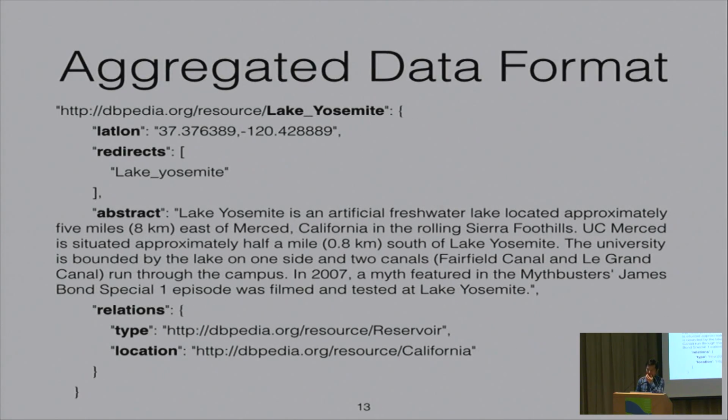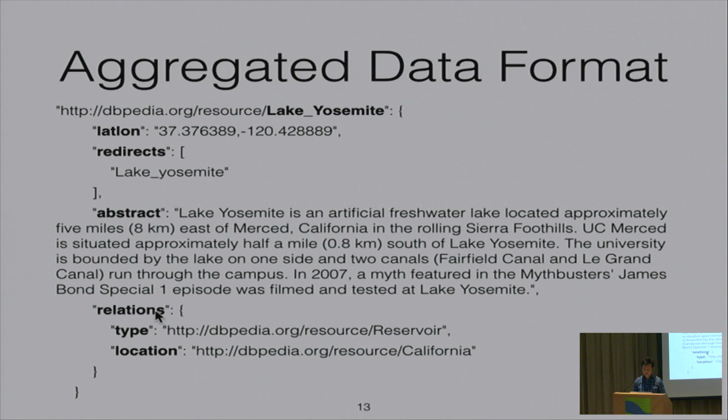The aggregated data format is a very simple JSON format. This entity is Yosemite, and we have latitude, longitude, and redirects. You can see the redirects is simply a string in lowercase, and we also have an abstract string, and relations to other entities.